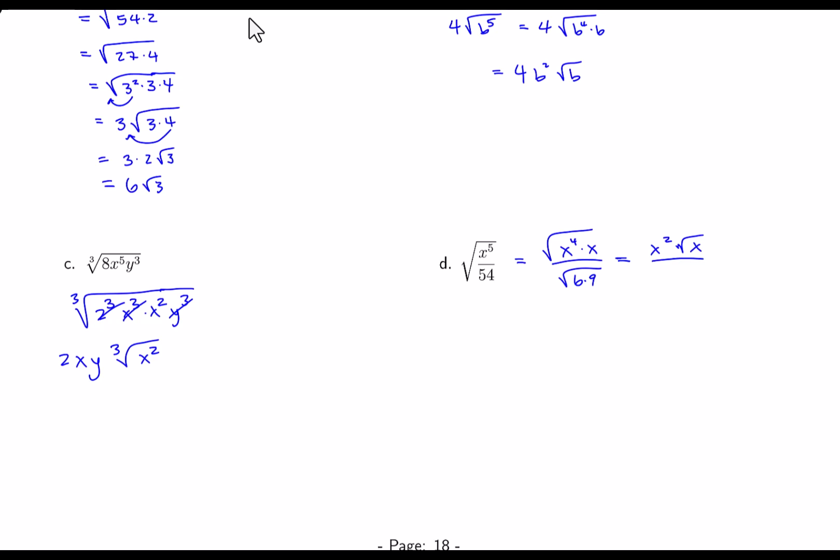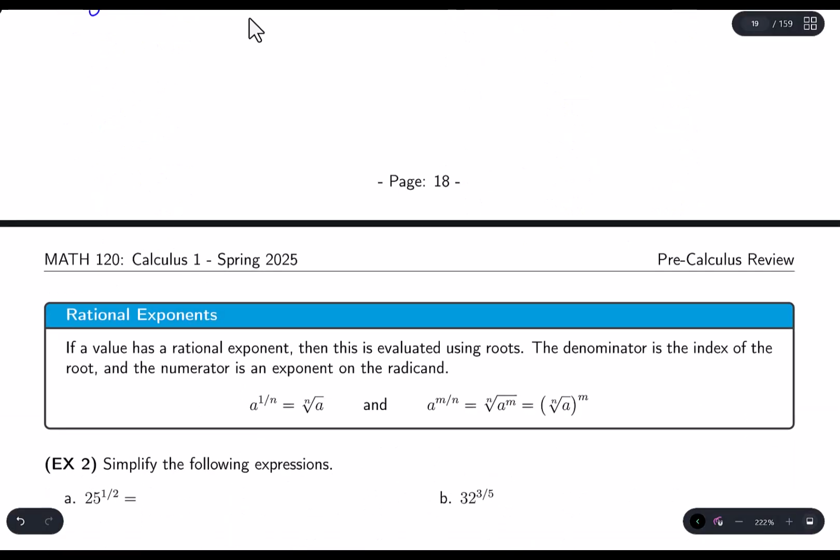And then I have here the 9 could come out as 3. And this may or may not be the final form that you want to leave it in. Sometimes textbooks might say you can't leave a denominator that has a square root in it. It doesn't really make a whole lot of difference in the end. It's an equivalent answer. That's usually something we do a lot for trigonometry and not necessarily calculus. This is fine for our purposes. As long as you understand the algebra involved, that's the important part.